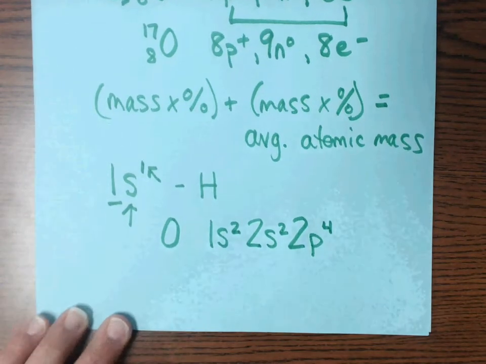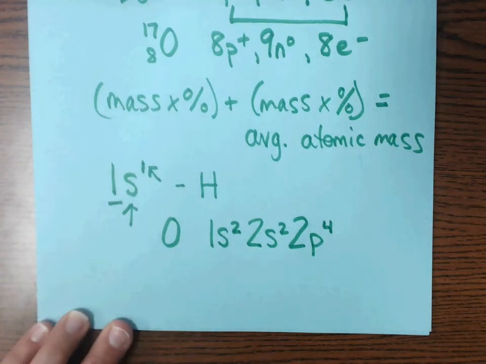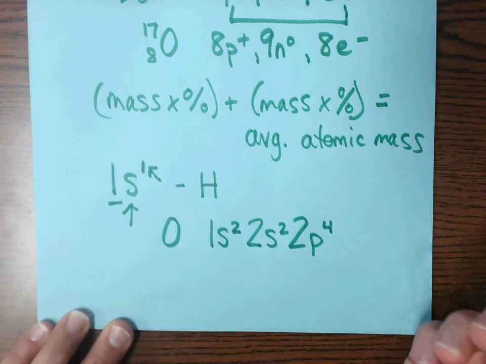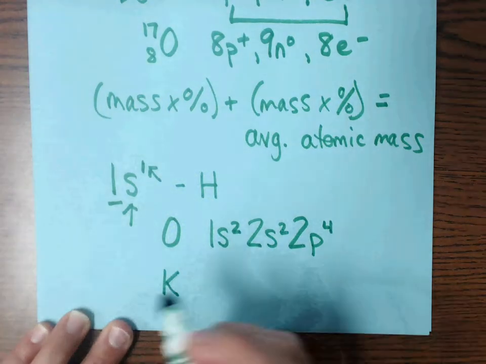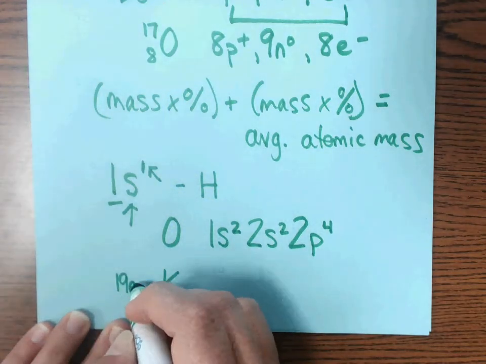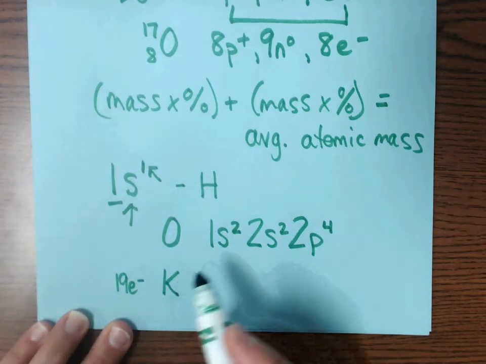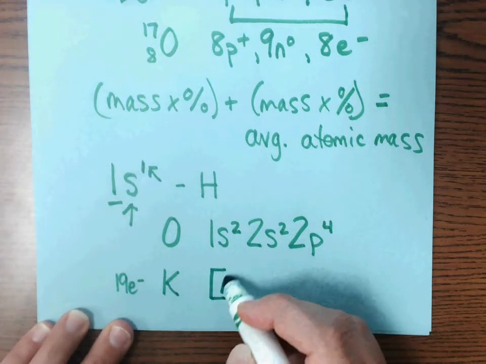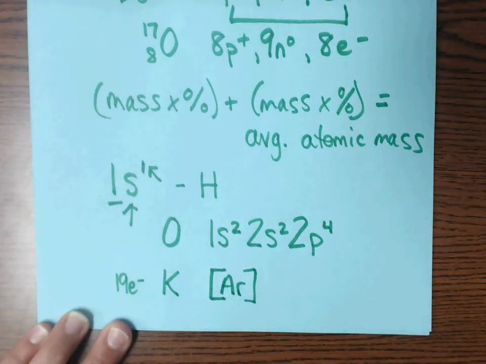You can also use a shortcut if you would like for elements that have a lot more electrons in them. So for example, if you had potassium. Potassium has 19 electrons. So if you didn't want to write that all out, you could look at the period before potassium and we could put argon in brackets, and that would represent 18 electrons.